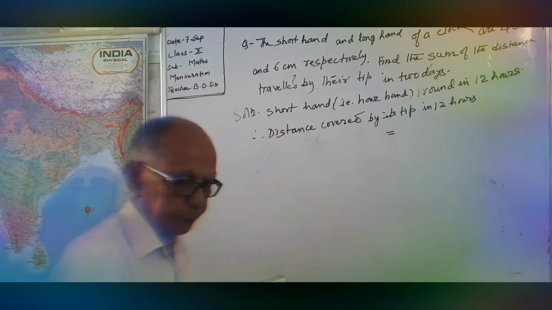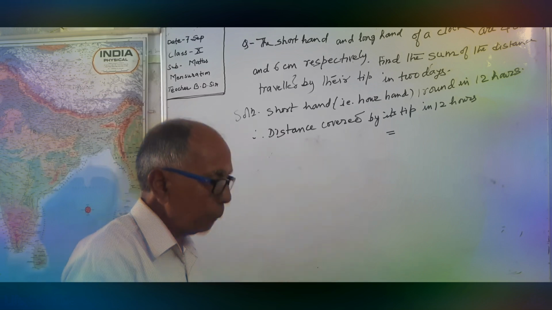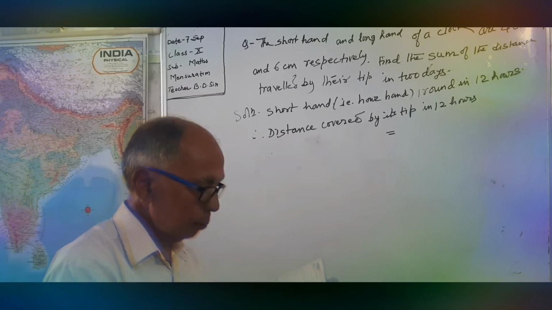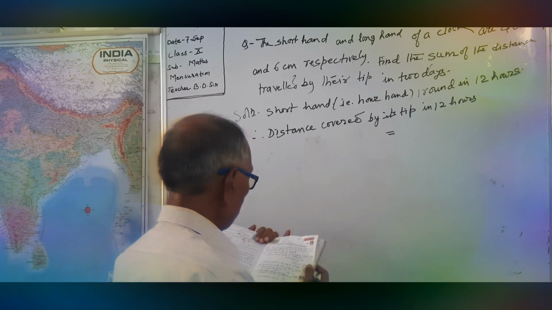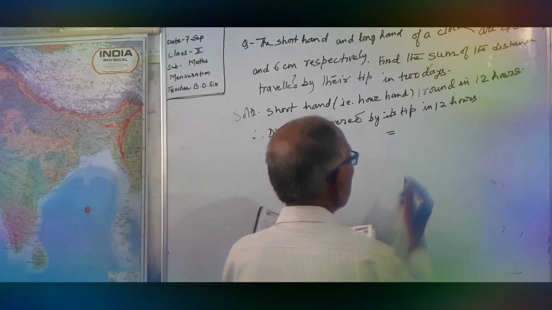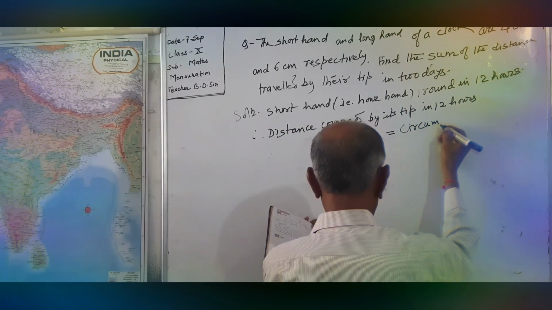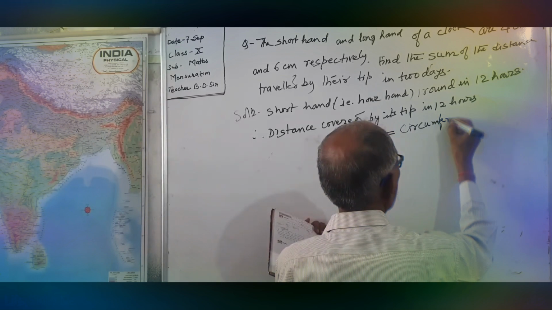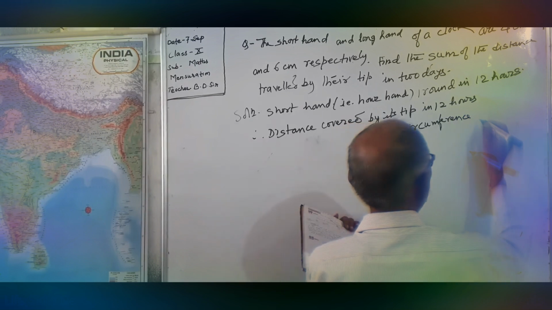When it moves and takes one round, then the tip produces the circumference of the circle. So we may write distance travelled by tip in 12 hours is equal to circumference.